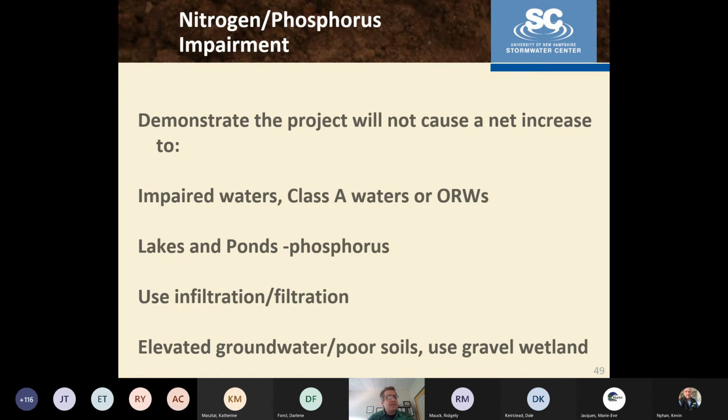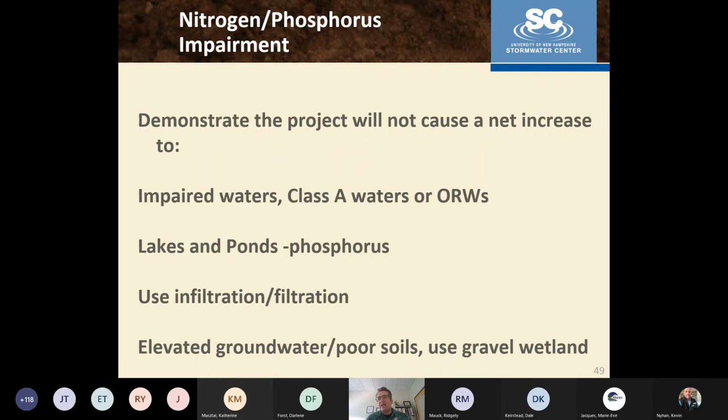For nitrogen and phosphorus, Ridge went over this last week. It's really, we're trying to meet anti-degradation. So while AOT directly isn't requiring pollutant load calculations or the load balance, what they are saying is you demonstrate anti-degradation by using these prescribed devices.